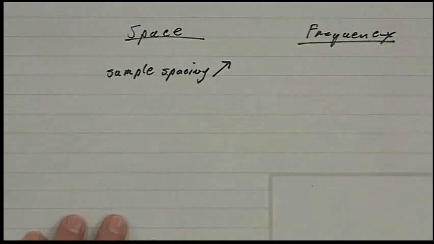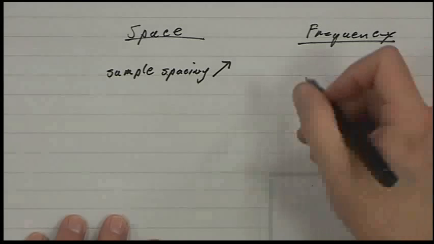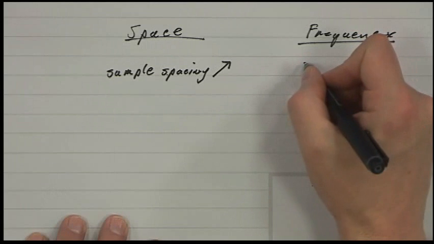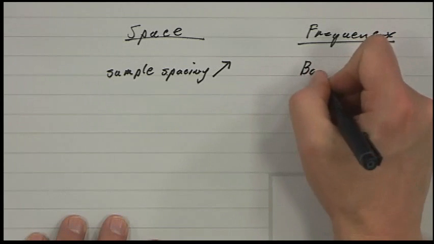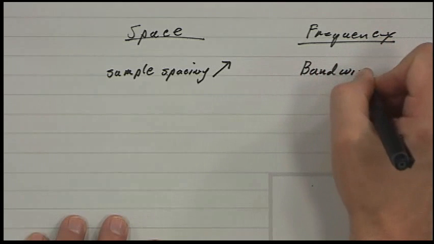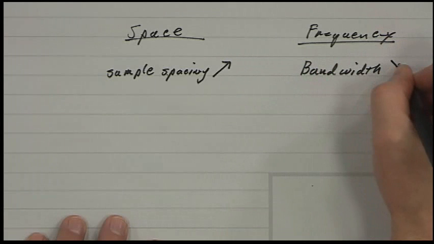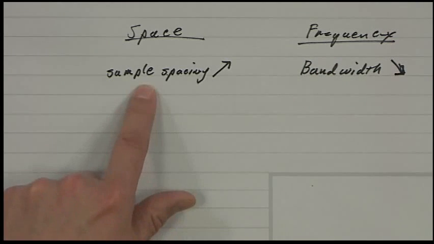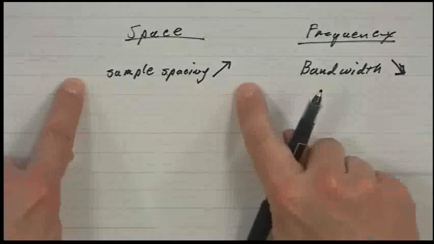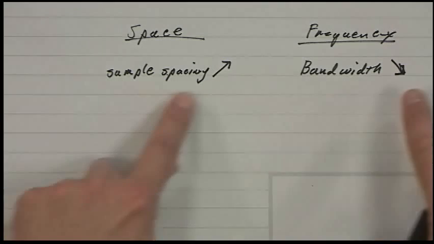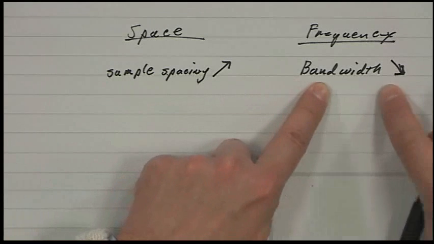Okay? When the sample spacing goes up, then the bandwidth goes down, because they have to go in opposite directions. So when the sample spacing goes up, when the samples get further apart in space, the amount of bandwidth you need to represent that goes down.